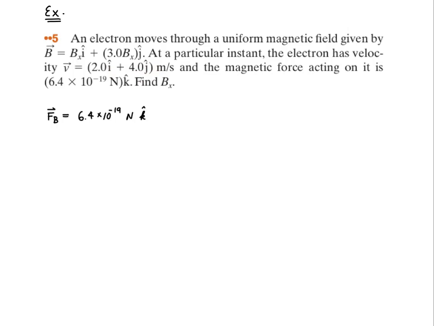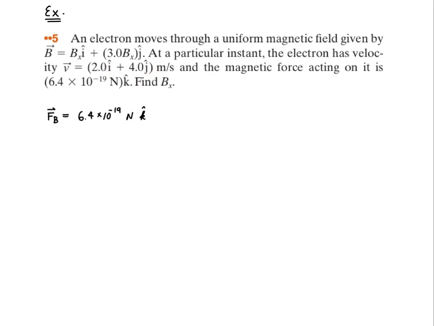Now this problem can be done several ways. One very simple way is if we knew how to do the V cross B using cofactor expansion, we can easily get the answer. But let's not do that because we want to illustrate some of the things we were saying before.